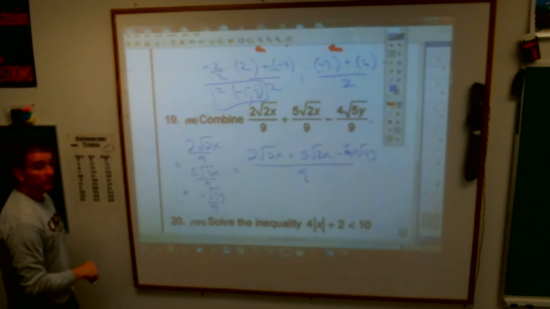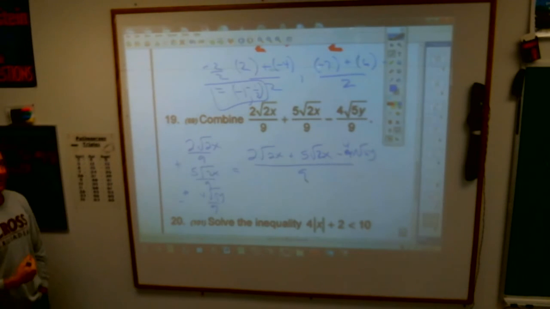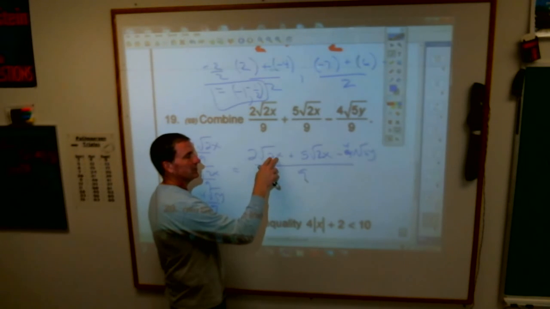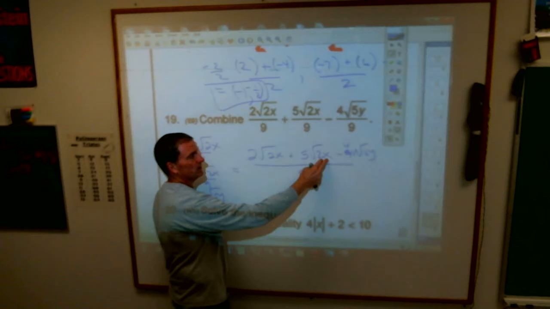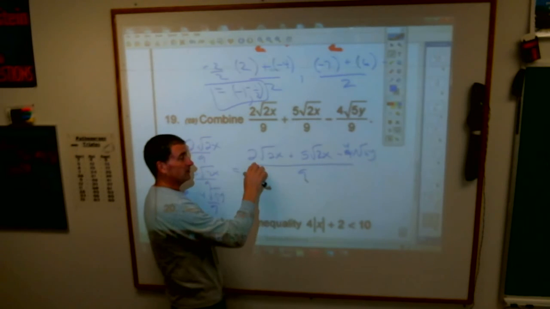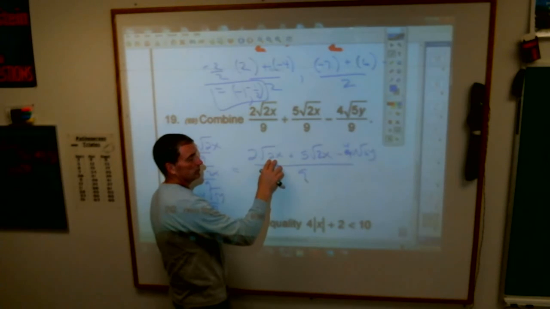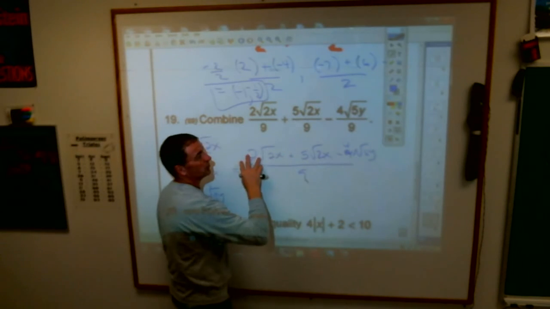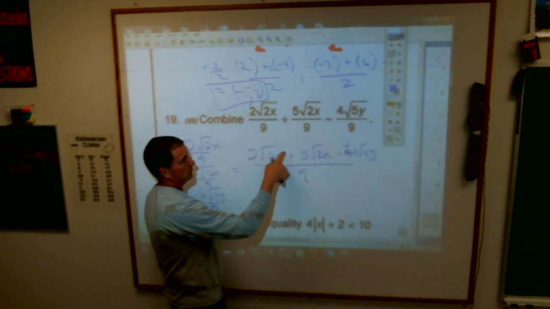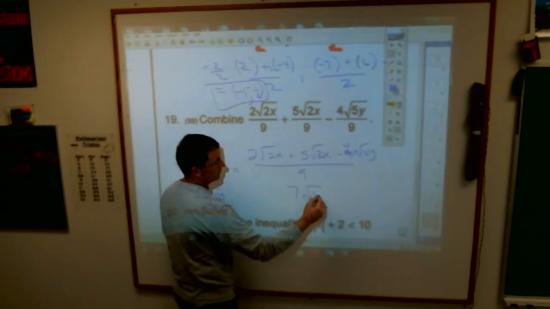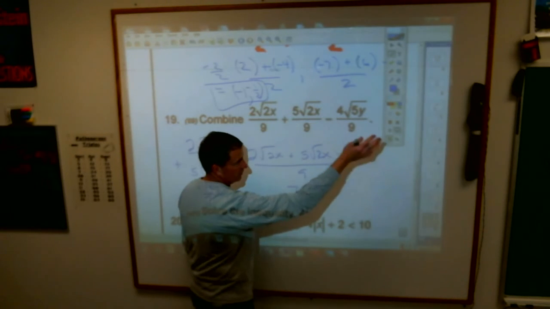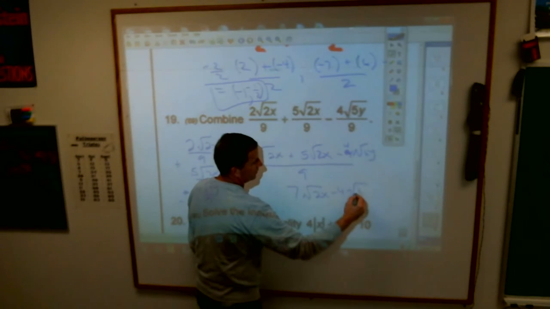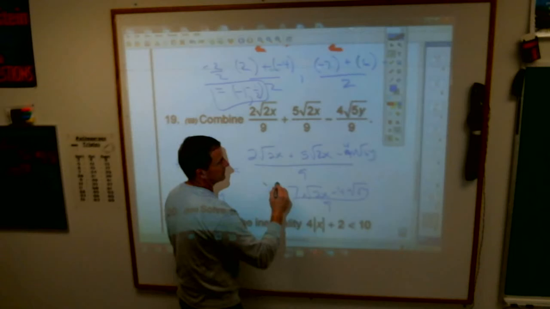Please understand this: like terms with radical signs have to be the same thing. In other words, in order for this to combine with something else, it has to be the square root of 2x, which this is. That makes sense if you think about it. You have 2 square roots of 2x's, and you have some more square roots of 2x's. You can put those together, because they're alike. 2 plus 5 is 7 square roots of 2x. 5 y's would only go with 5 y's. You can't do anything with that, so it stays as the square root of 5y, and the 9 has to stay in the denominator.